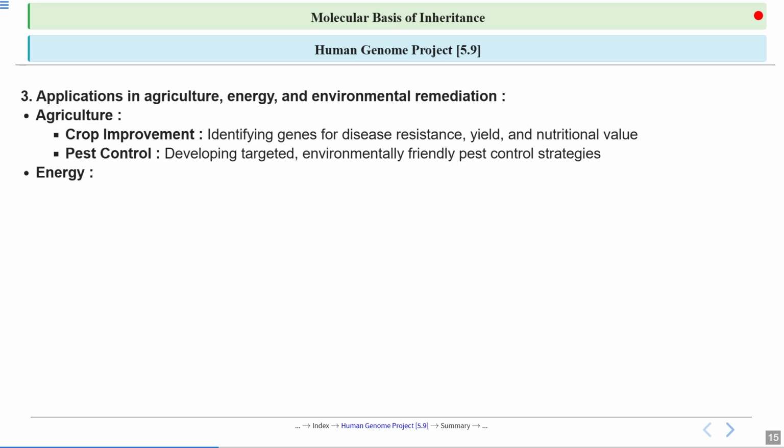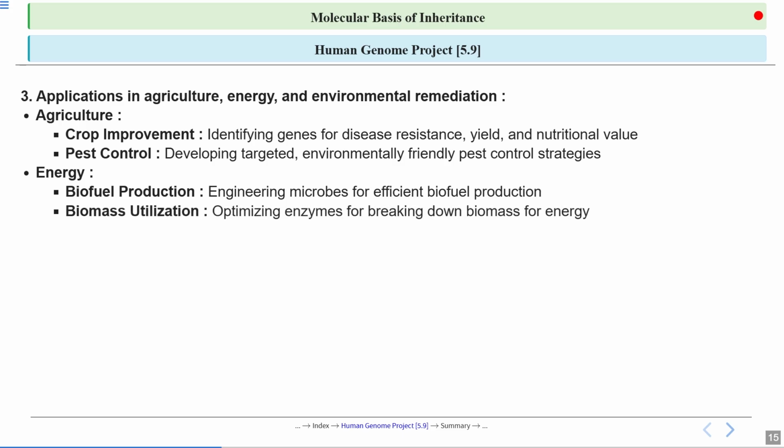Now if you talk about energy, it can help in biofuel production, meaning we can engineer microbes for efficient biofuel production. Biomass utilization: we can optimize enzymes for breaking down biomass for energy.